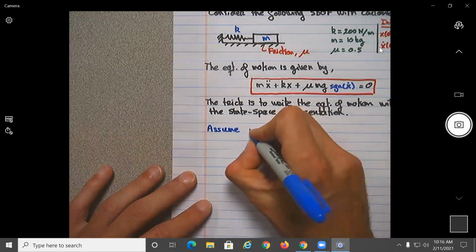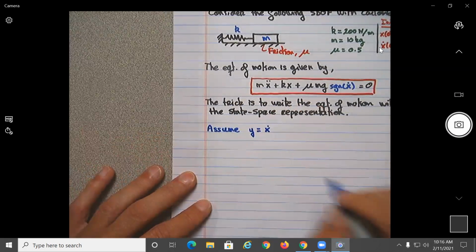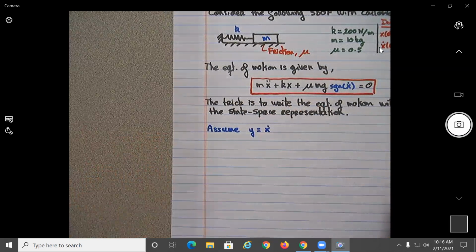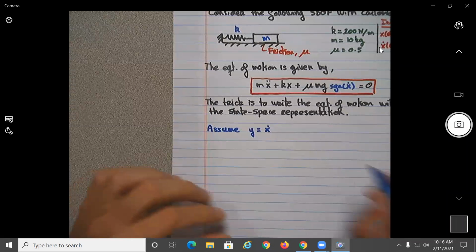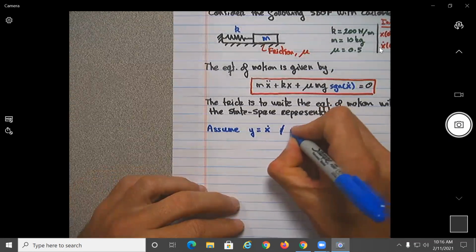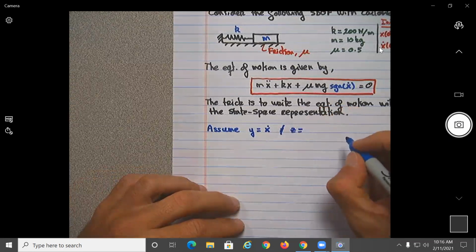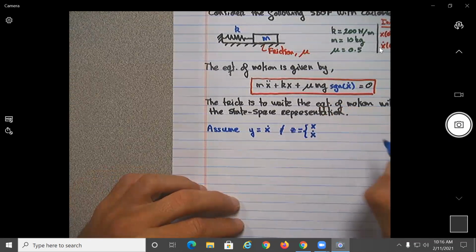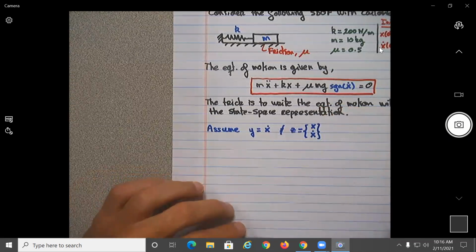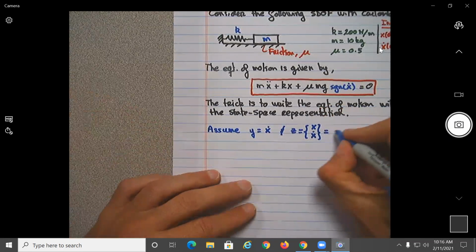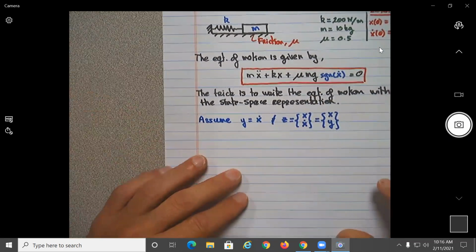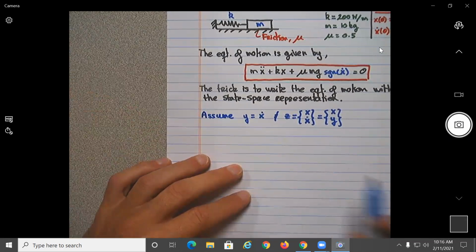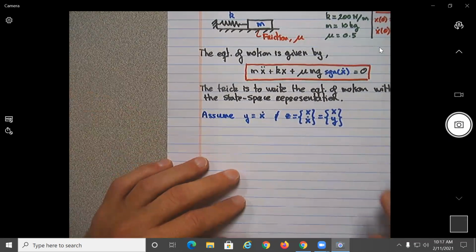Let's assume y equal to x dot, and z equal to x and x dot, or you could write this as being equal to x, y. Yes, if y equal x dot, this will be our solution.